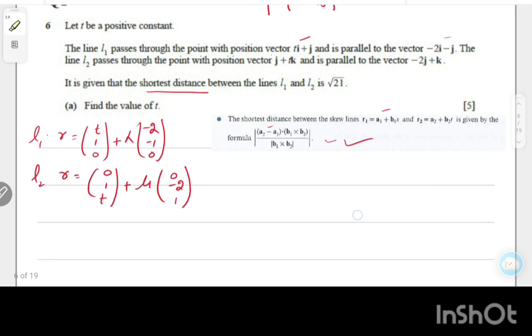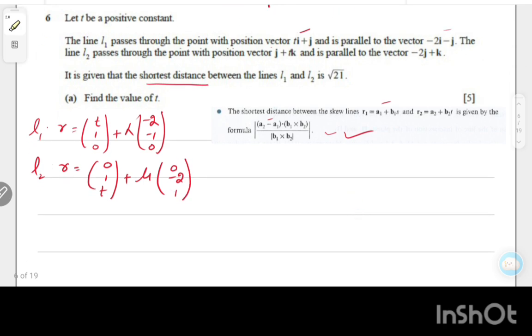Next, we have to find a1 minus a2 in this formula. You can also find a2 minus a1; a1 minus a2 is the same, there is no difference. This term is our a1, t, 1, 0. Wait a minute, I made a writing mistake.